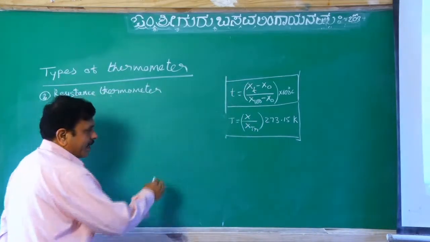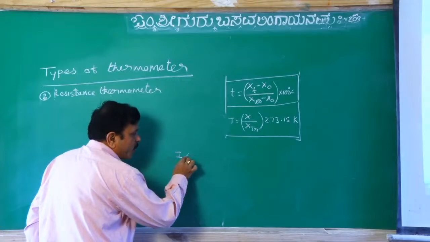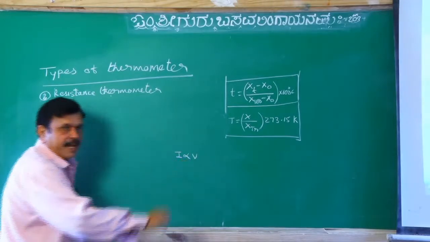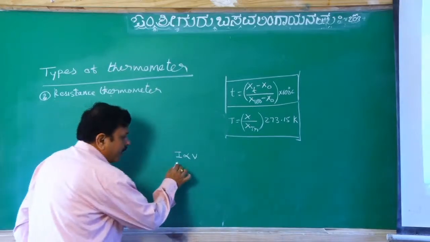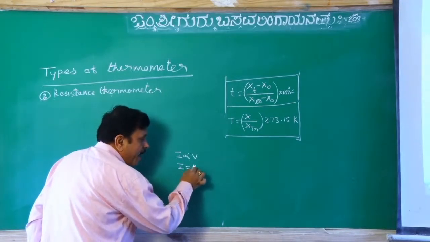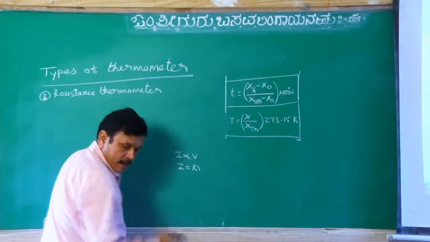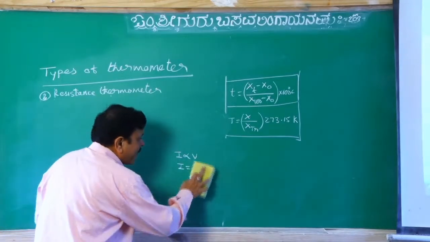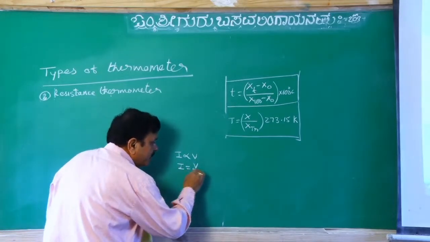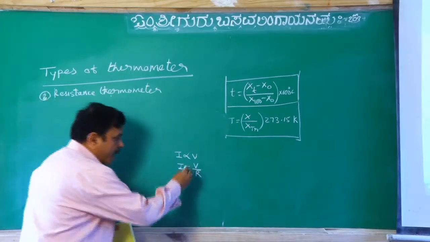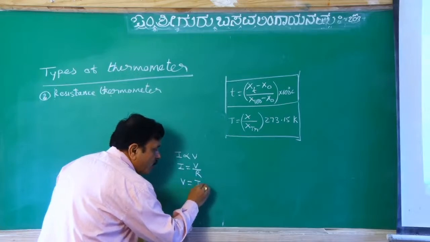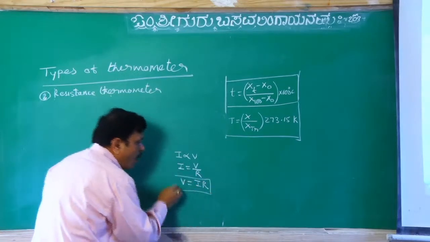So you read it like this: current is proportional to potential difference. If we remove the proportionality sign, we get a constant in the denominator, that is I equals V by R, and this formula can be written as V equal to I into R.